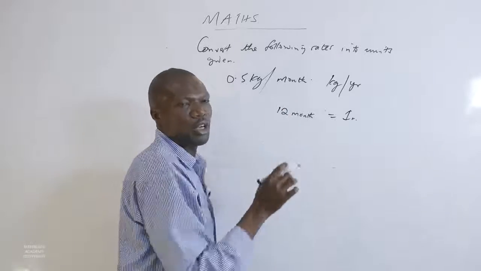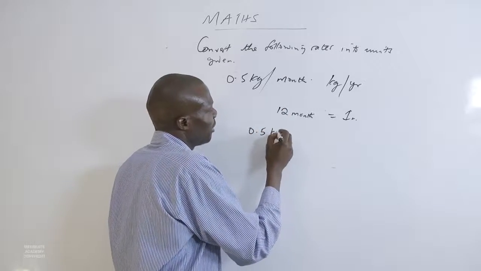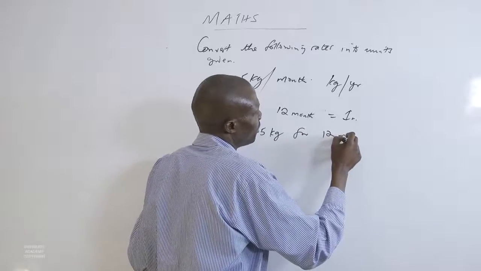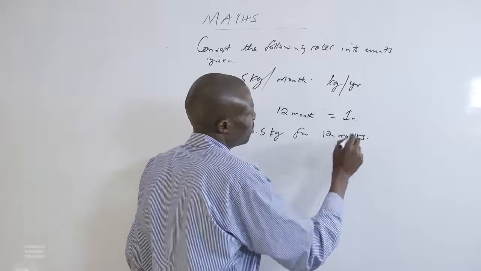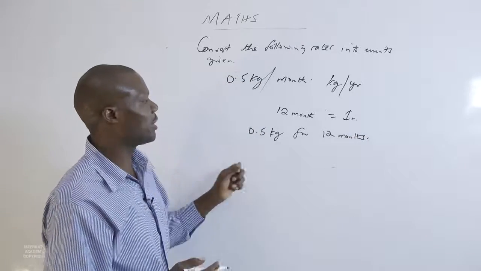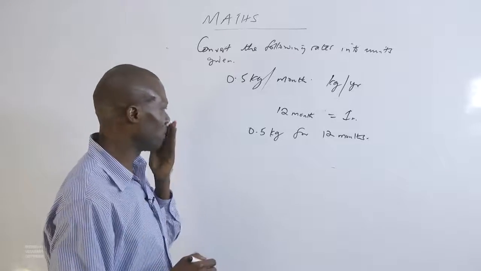So in other words, here we are talking of 0.5 kilograms for 12 months. A rate is simply making sure what you have here is strictly 1.